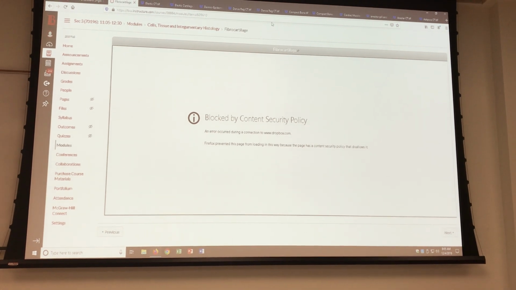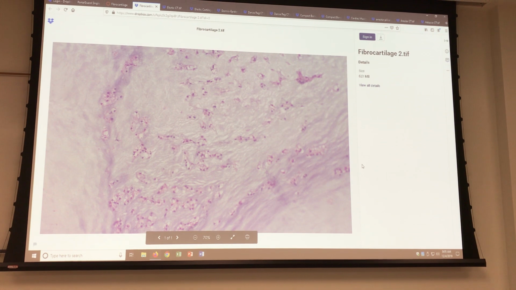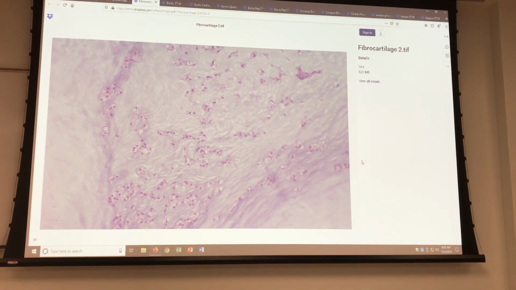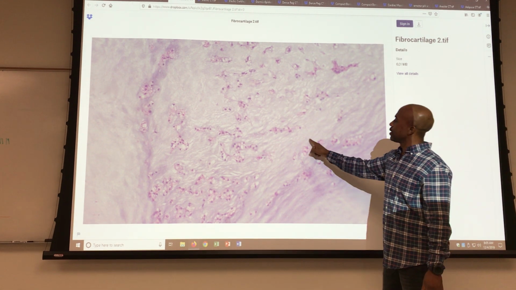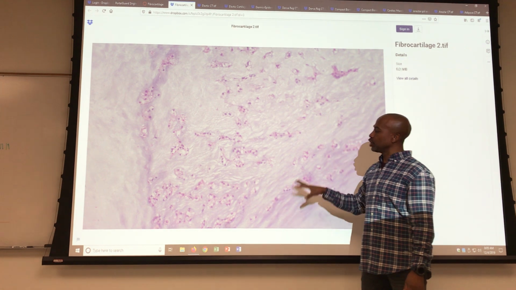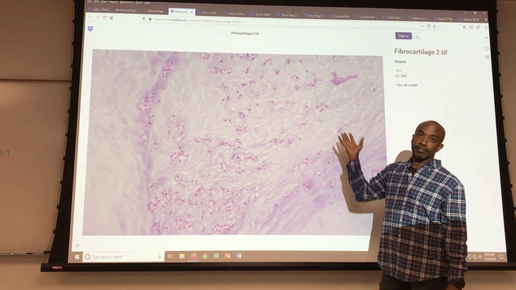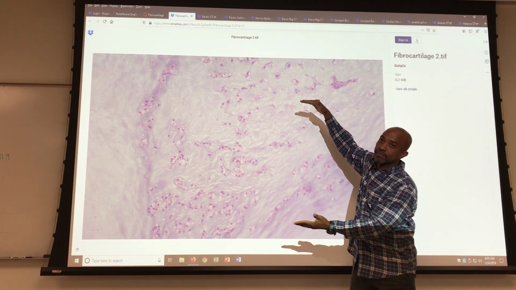This is fiber cartilage coming up. So under here, you can see the fibers, and these are lacunae with chondrocytes, and there's no obvious perichondrium. That's the hallmark of fiber cartilage. No border to it, okay?